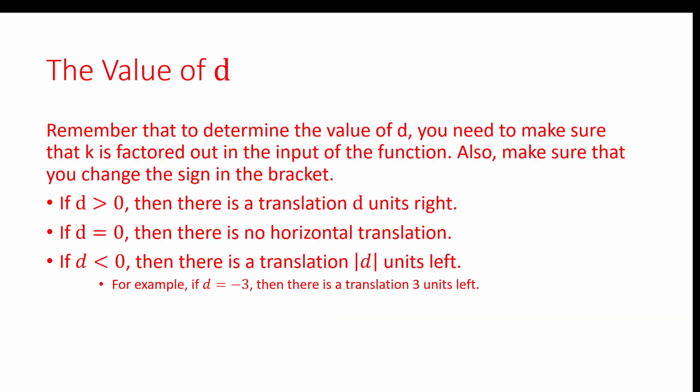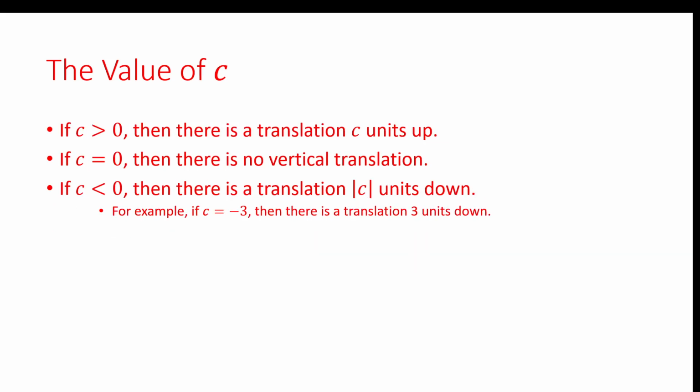Now the value of d. Remember that to determine the value of d, you need to make sure that k is factored out in the input of the function, and you also want to make sure you change the sign in the bracket. So if d is greater than 0, there's a translation to the right. If d equals 0, there's no translation. If d is less than 0, then there's a translation to the left. And finally, the value of c.